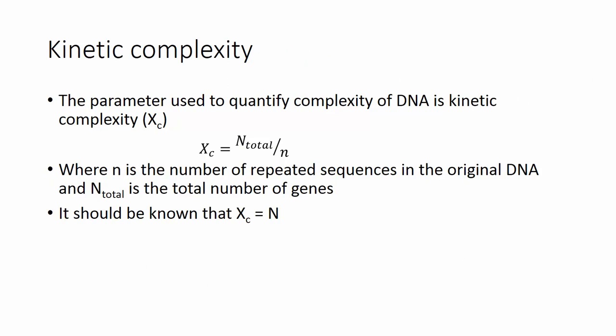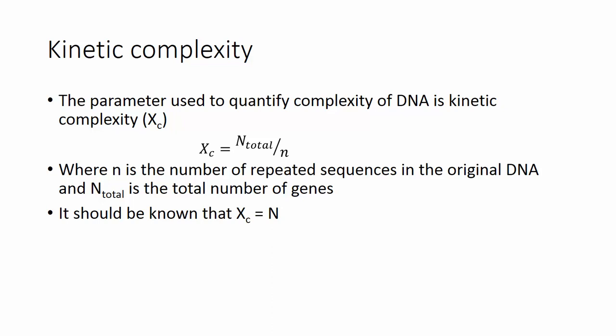We can use a parameter to quantify complexity of DNA, known as kinetic complexity, XC, where XC is equal to N total divided by n. Little n here is the number of repeated sequences in the original DNA, and N total is the total number of genes.